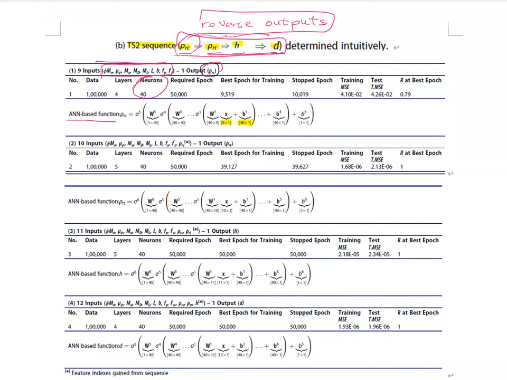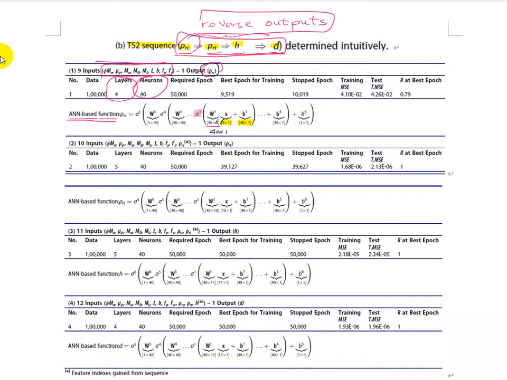The 40 neurons are implemented in this ANN based function, whereas we have 4 layers right there, so the matrix size should be 40 by 9, because the 9 and 9 cancel each other right here, so that you end up with a 40 by 1 matrix when you multiply W and input parameters, so they are consistent in size as 40 by 1 for the first layer. And don't forget, we have to put them in the activation function here.